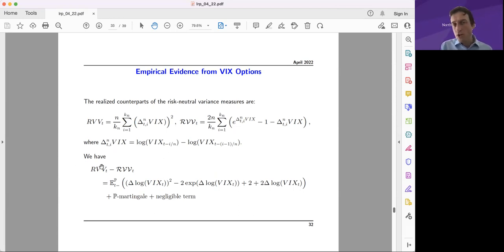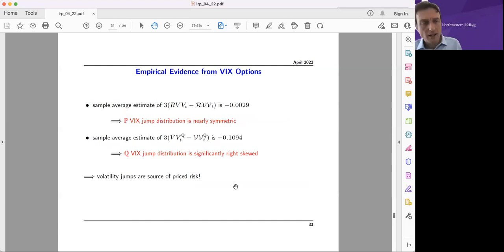Okay, and so I will just look at these two different realized variance measures, and that will give me a proxy for that kind of skewness or asymmetry, or third moment rather, of the VIX returns. Now, when you do that, here's just a summary of the results.